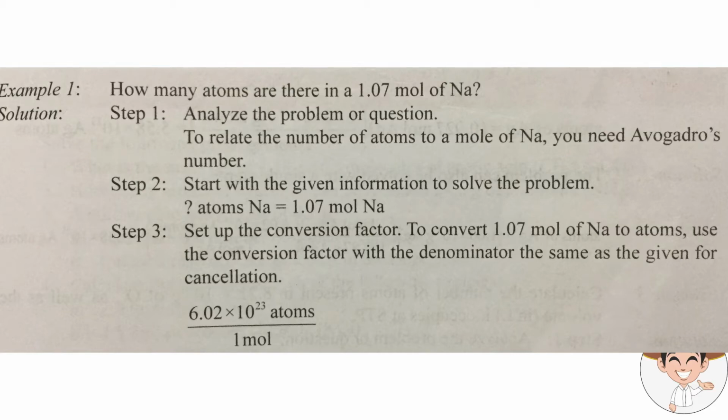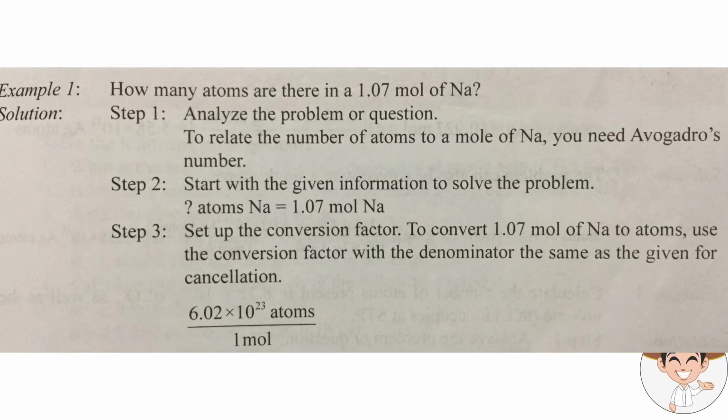So you need to have the conversion factor that would cancel out the given, so that your target unit will be left. Okay, so we have here your conversion factor, 6.02 times 10 raised to 23 atoms per 1 mole, diba? They are still conversion factors, they are equivalent.